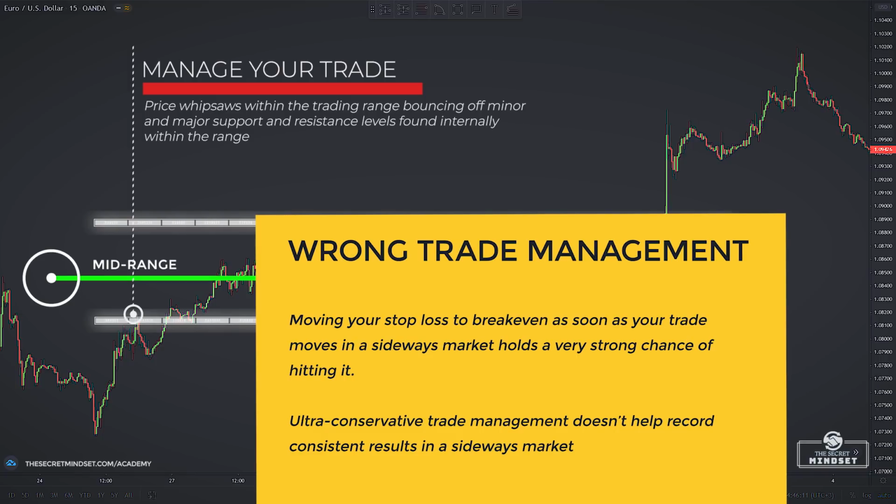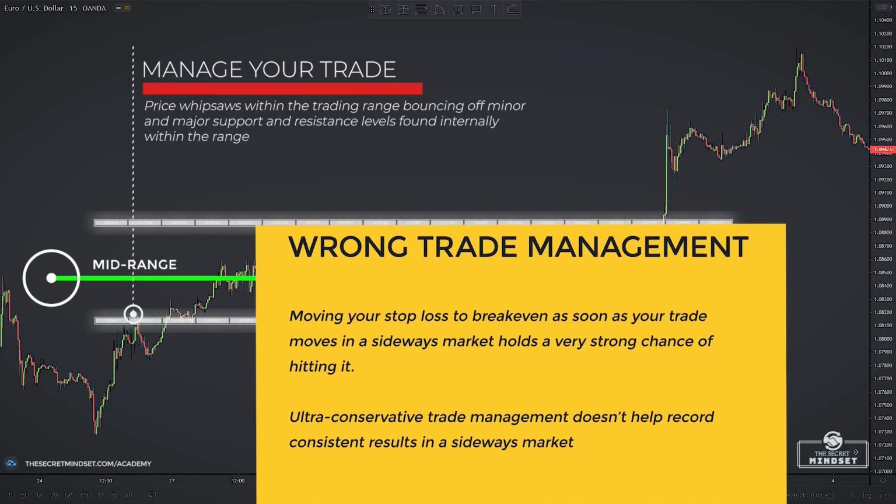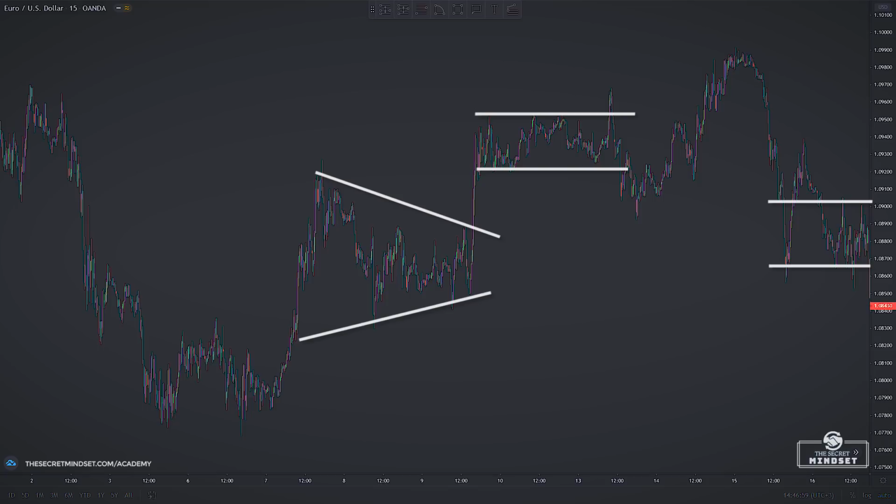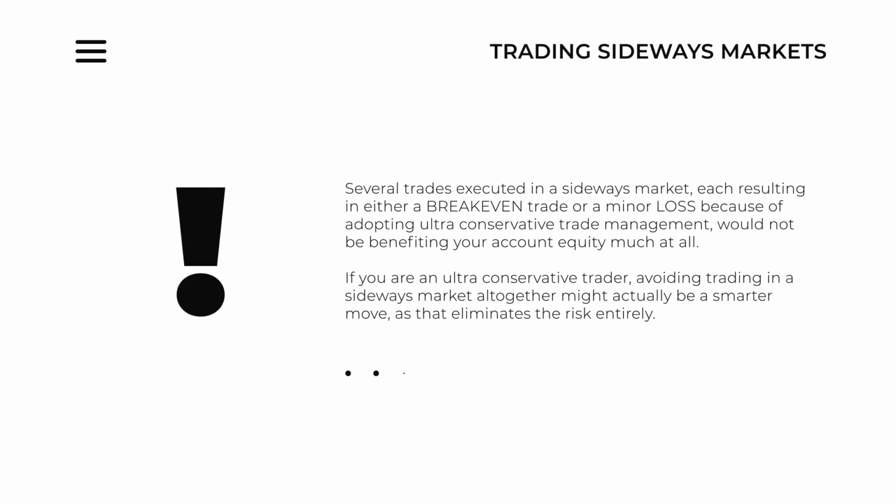The strategy could well have been intended to safeguard against choppy price action, but ultra-conservative trade management doesn't help record consistent results in a sideways market either. It's easy to see how several trades executed in a sideways market, each resulting in either a break-even trade or a minor loss, because of adopting ultra-conservative trade management, would not be benefiting your account equity much at all.